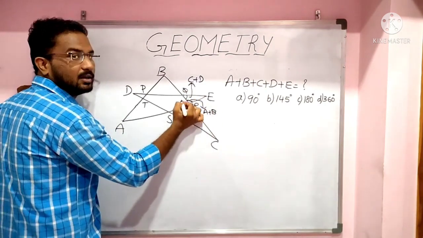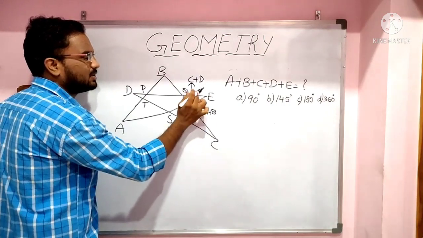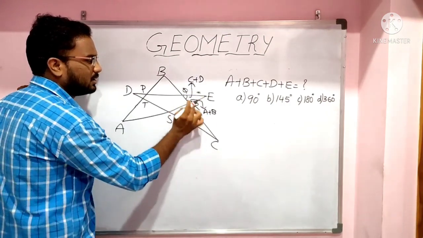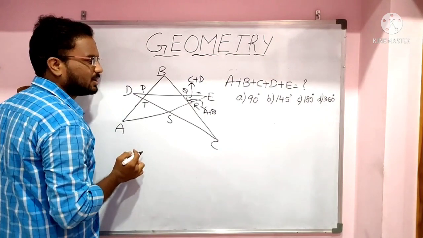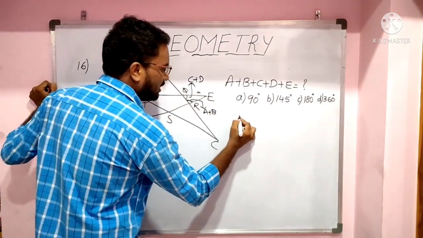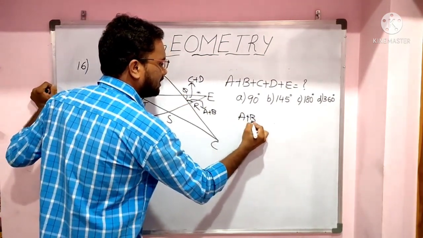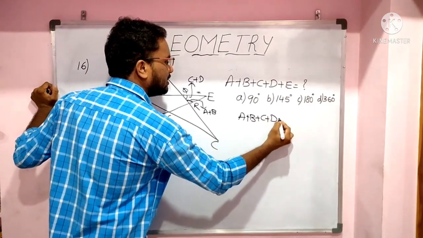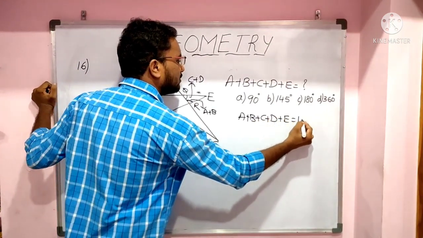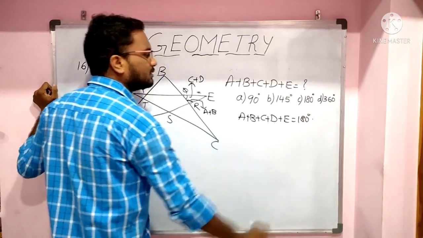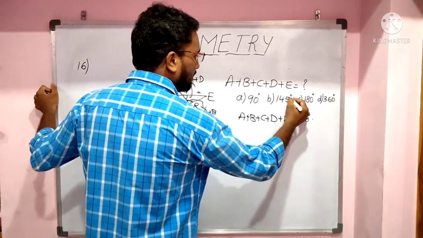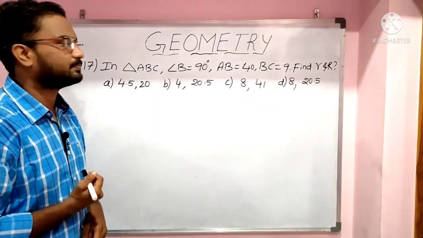In a triangle, sum of the angles is 180 degrees. So that means Q plus R plus E equal to 180 degrees. Q plus R means A plus B plus C plus D plus E equal to 180 degrees. Okay. So answer 180. Next problem.